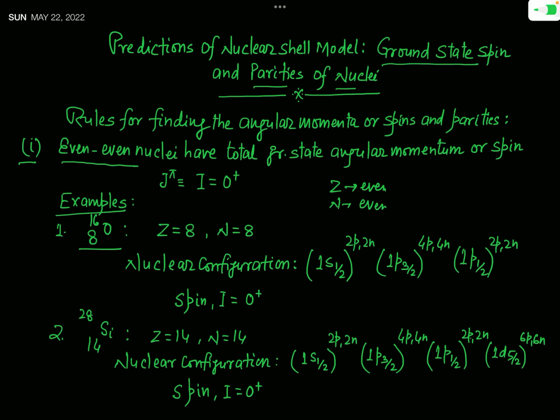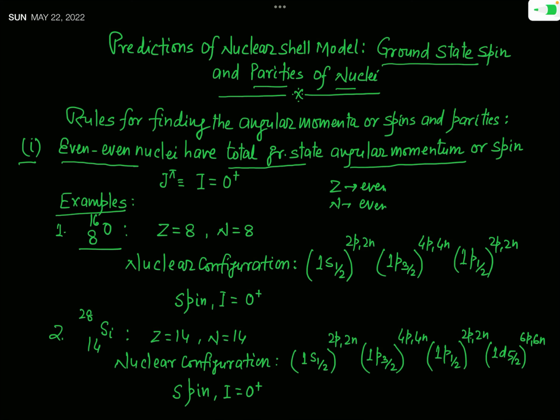And the rule says that if you want to find the spin and parity of the even nucleus, then you have to find the total ground state angular momentum or the spin, and that will be equal to 0.